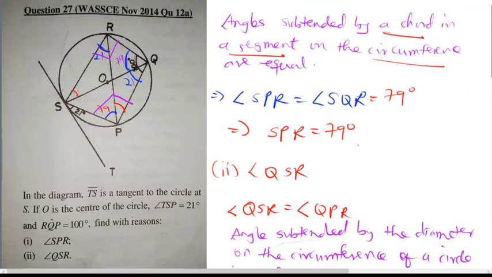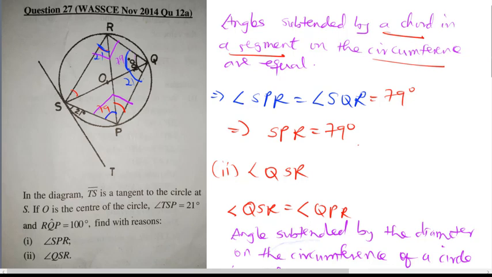Okay, so this means that angle SPR plus angle QPR is equal to 90 degrees here. And where is QSR? QSR is here. So if we know the angle here, then of course it's equal to the angle here, because the angles subtended by the same chord in the same segment are equal.